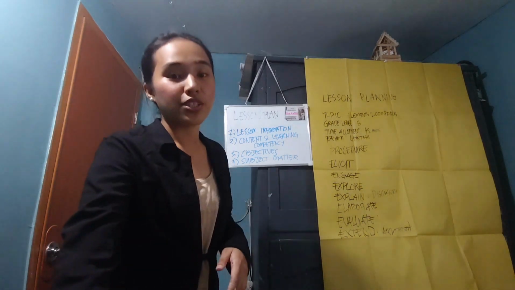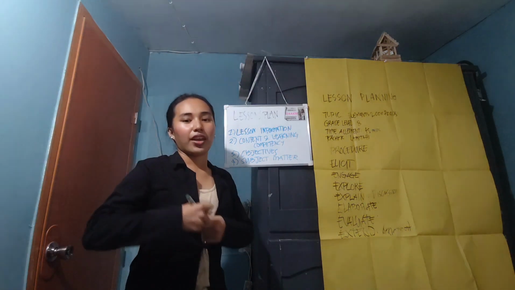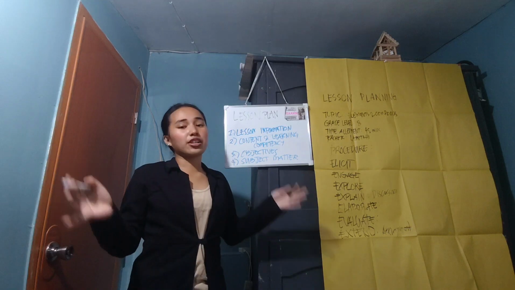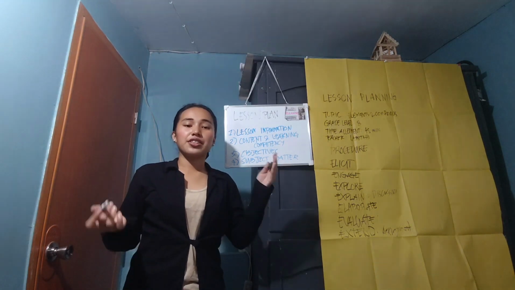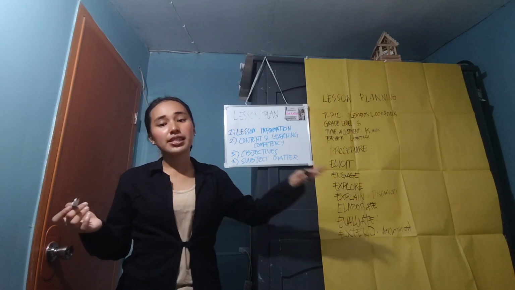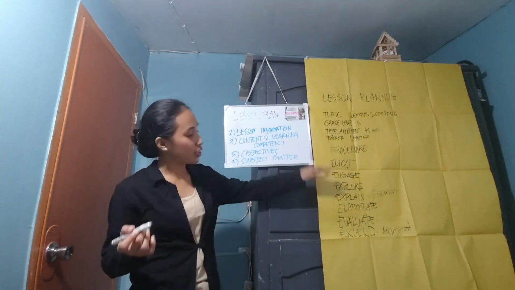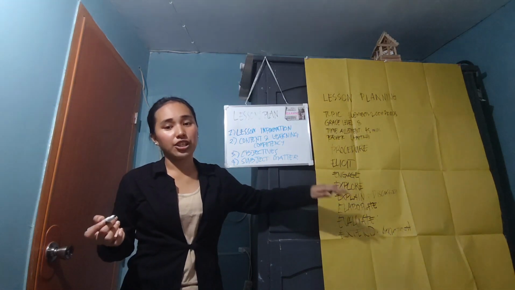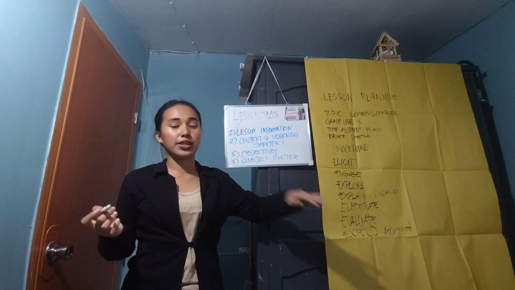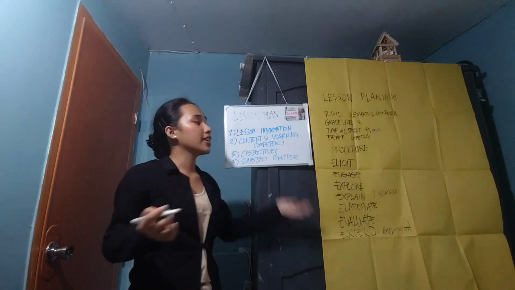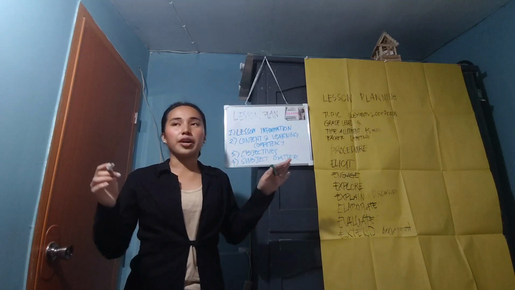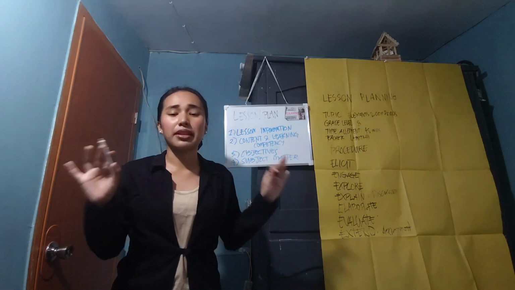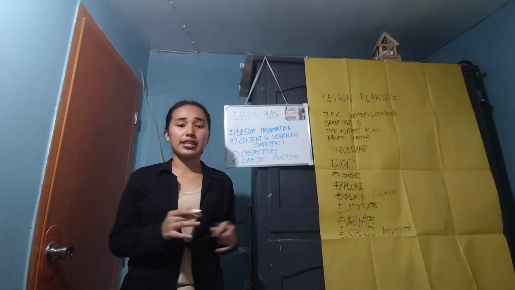So to conclude, this lesson plan was designed to help students understand the difference between elements and compounds through structured and engaging learning activities. That is why, as I have said earlier, the 7E is a very important, or necessary, type of lesson plan in a science class.